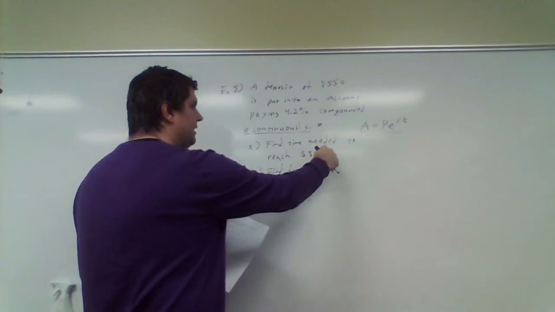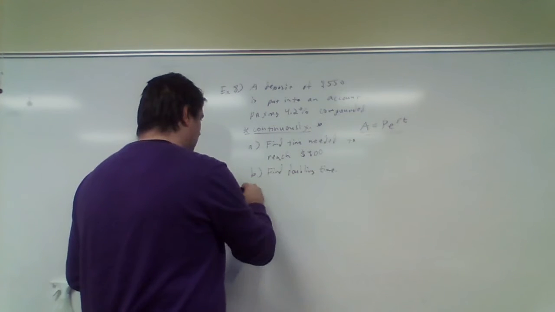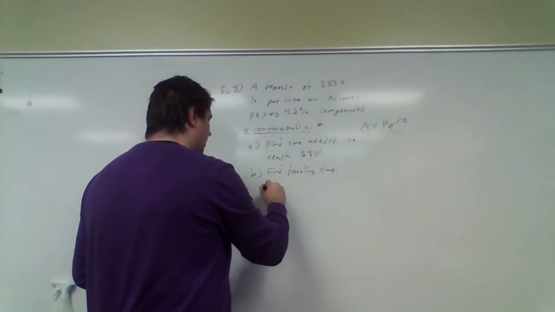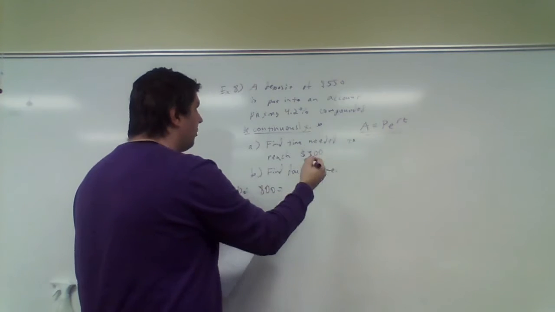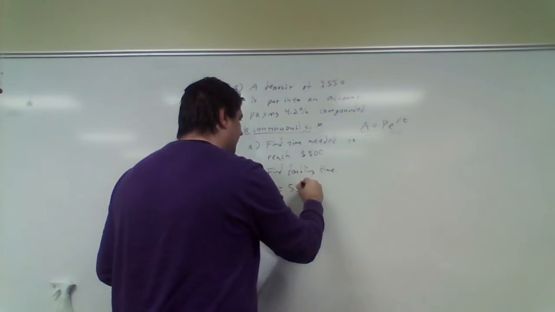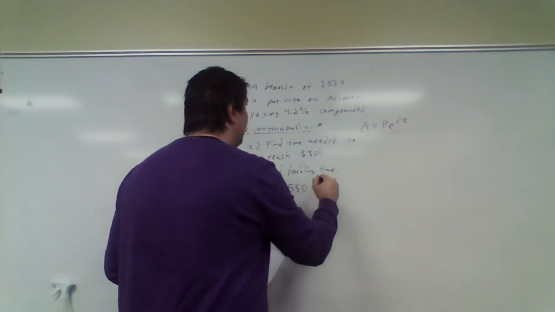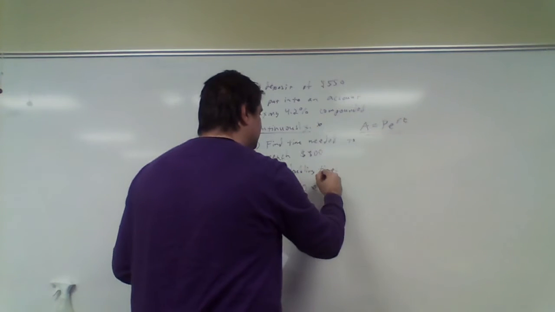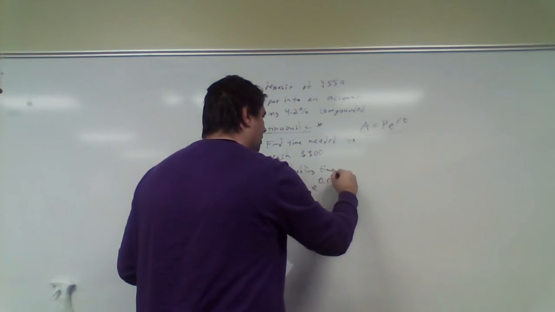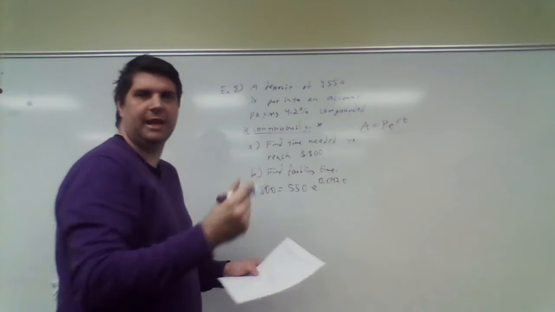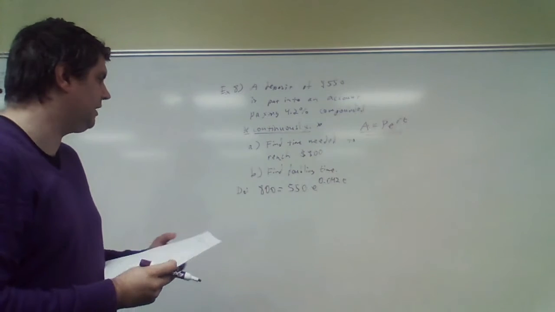So we want the accumulated value to become 800. The principal, the initial amount, was 550. E is E. 4.2% as a decimal is 0.042, and T is the unknown time that we have to find.